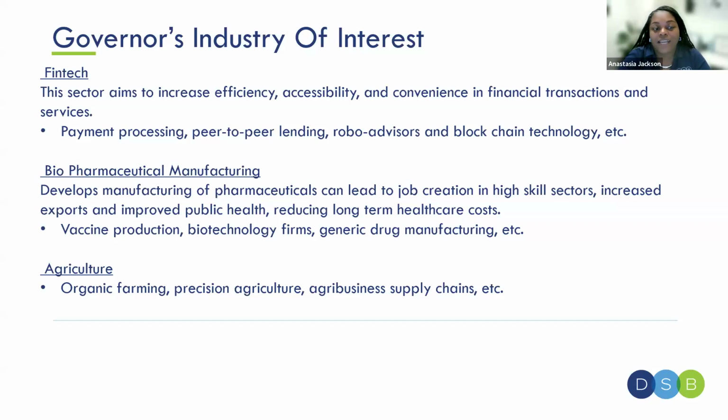Some examples could be vaccine production, biotechnology firms, generic drug manufacturing, and again, much more that is probably not listed here, but we could dive deeper into that. For agriculture, there's organic farming, precision agriculture, and agribusiness supply chains.